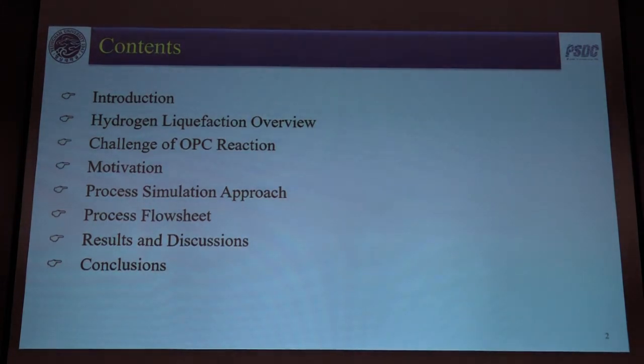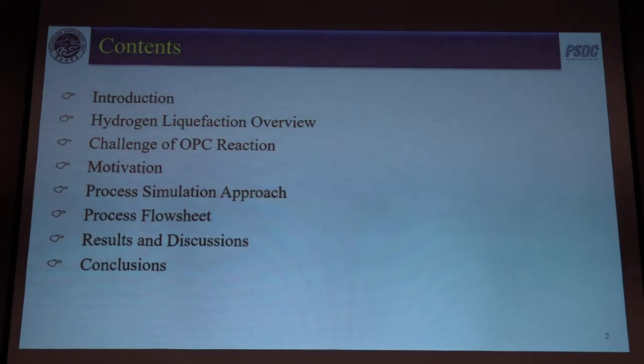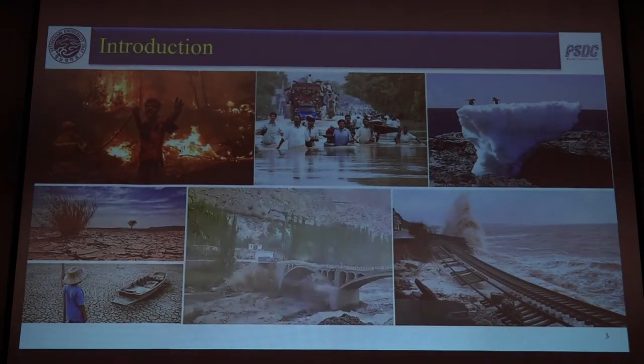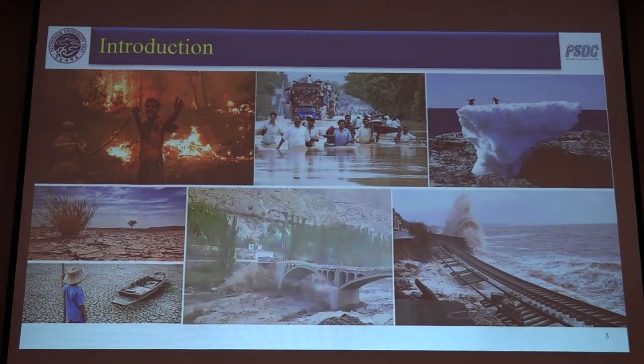Now, before we go into the detail about the introduction, the world that we are living in today, we have all talked about climate change and everything, but what is actually happening around us? We cannot take our eyes away from it. There are flash floods, and at the same time, droughts, typhoons, melting ice.